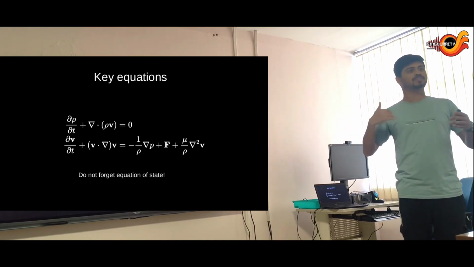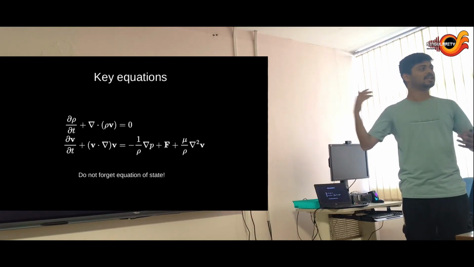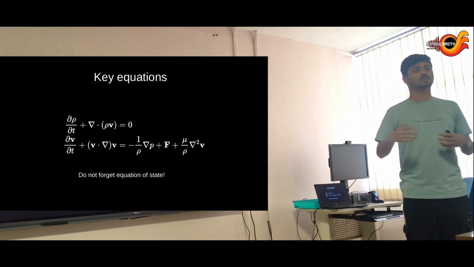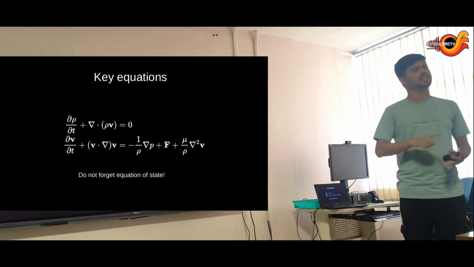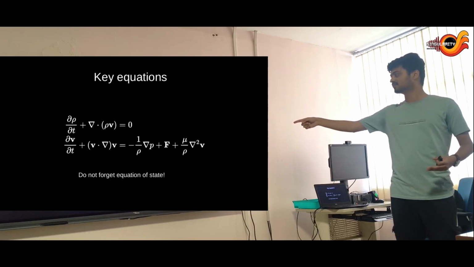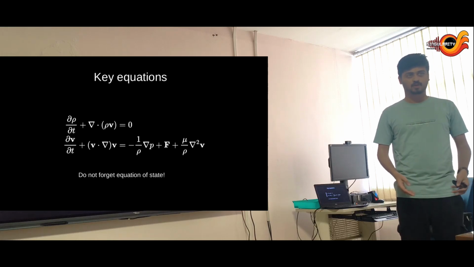The third term: if there is a pressure difference between two objects, it exerts a force on it. That is the force due to pressure. F is any external force you want to add to the system: gravitational force, magnetic, Lorentz force, electric field force, any force you want to add into the system. And the last term, grad square V, is basically the viscous force.